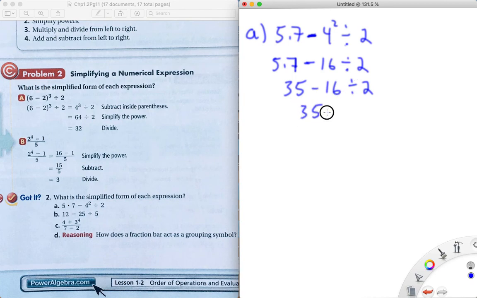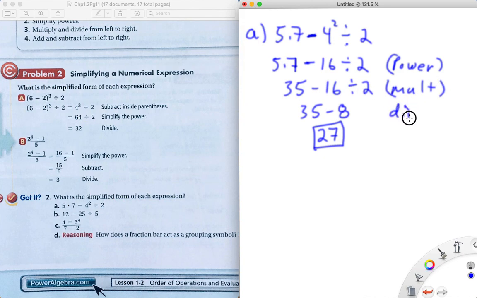So 16 divided by 2 is 8, and then 35 minus 8 is 27. So we did exponent first, so we did power first. Then we did multiplication. Then we did division. Then we did subtraction.